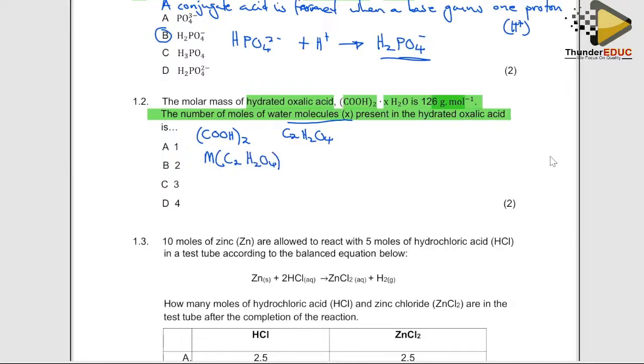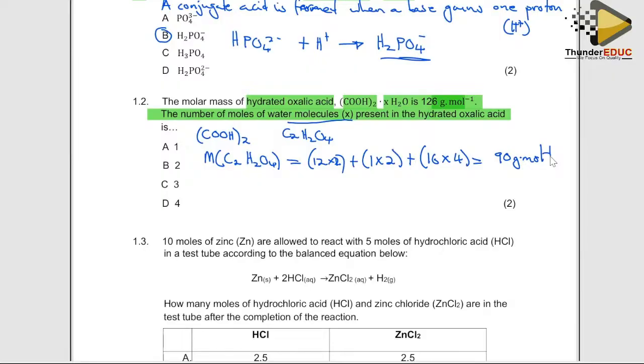My carbon has a mass of 12, so 12 multiplied by 2, because we have two carbons, plus hydrogen, which has a relative atomic mass of 1 multiplied by 2 hydrogens, plus my oxygen, which has a relative atomic mass of 16, multiplied by 4. If I do my math, I'm going to get an answer of 90 grams per mole.